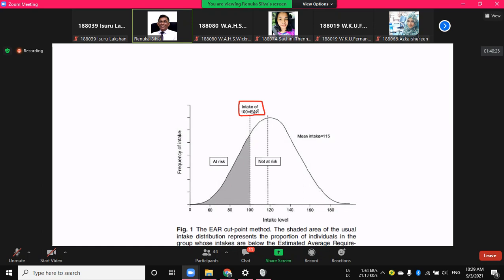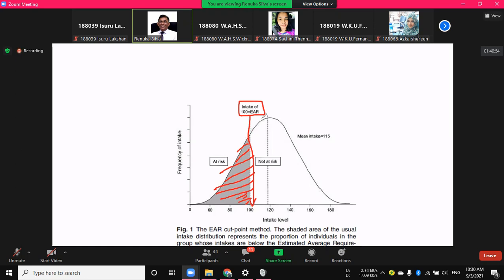Intake of 100. This is the EAR. 100 is the EAR. This is the shade. This population, you can't say definitely they have deficiencies, right, but their usual intake is below the EAR.